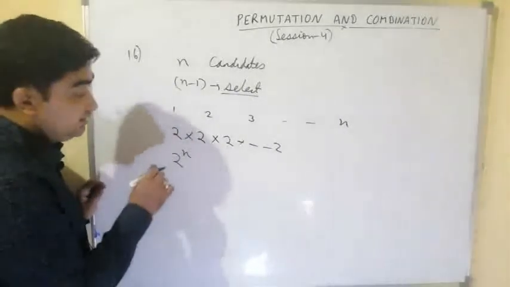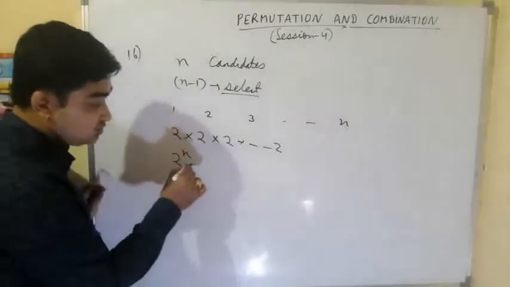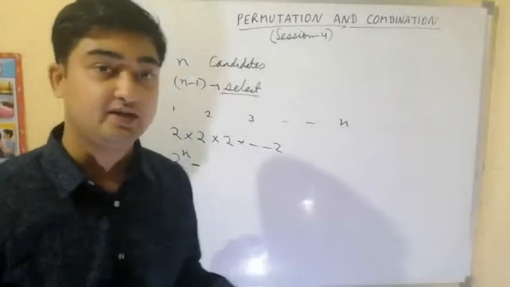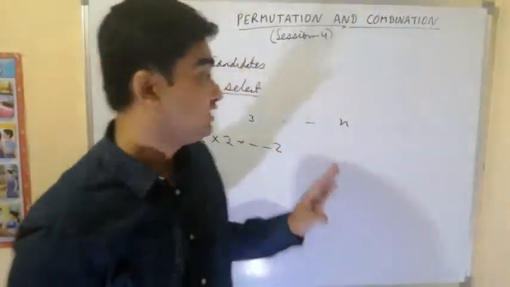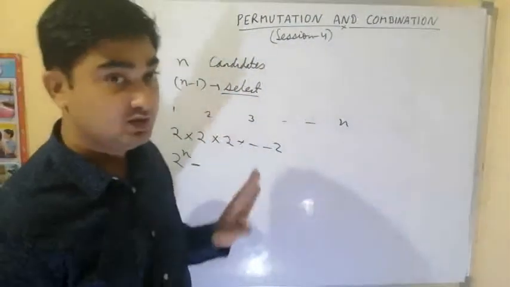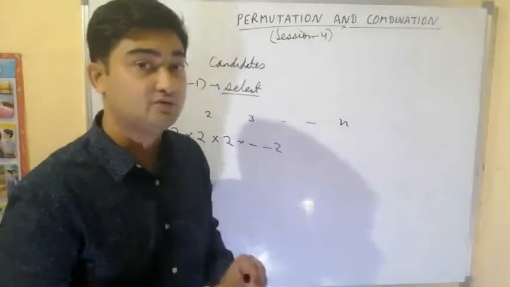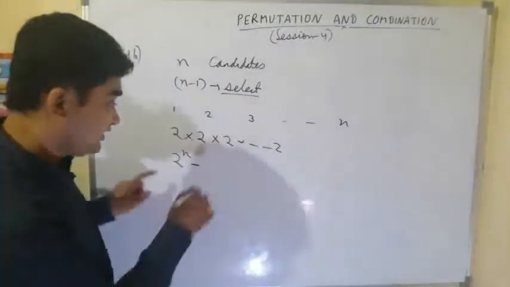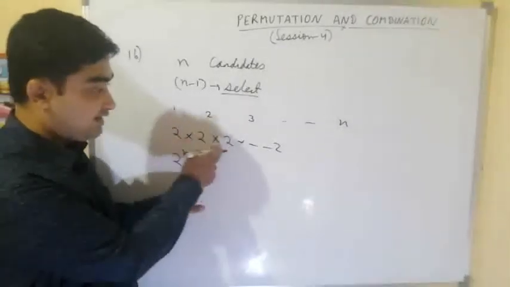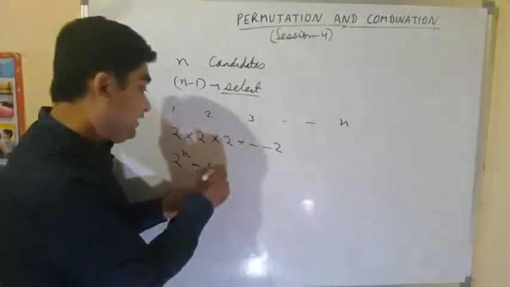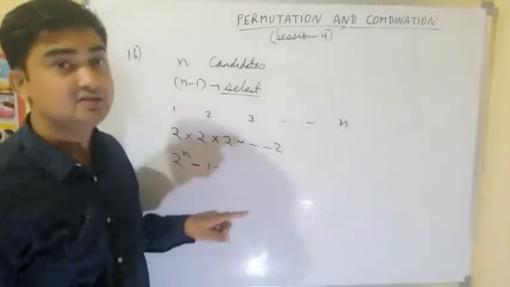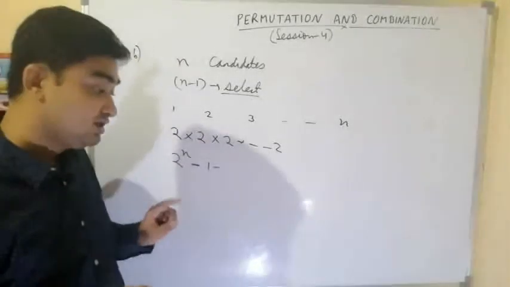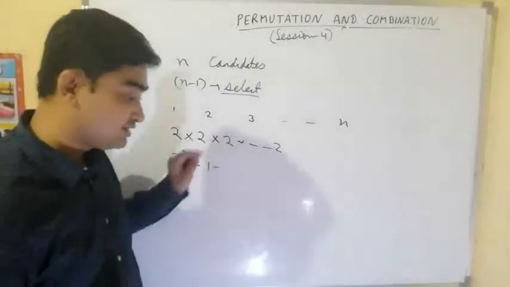But from these total choices, I have to subtract the case where I am putting the vote for every candidate, because I cannot put n votes. I have to put n minus 1 votes, so at least one candidate I have to leave. So that one case where I vote for every candidate, I have to subtract. And also I have to subtract the case where I am leaving everything, where I have not put my vote for any candidate, because in this problem it is given that you have to cast your vote.